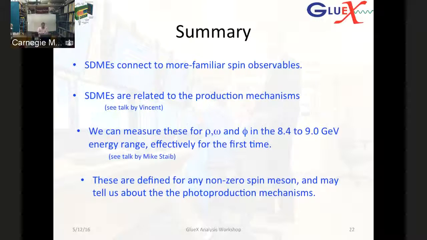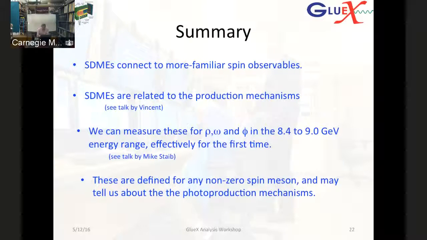Sort of summarizing, these spin density matrix elements are basically spin observables in the experiment that can connect to something we may be more familiar with, but they can also connect with theory on the production mechanisms. And I think Vincent will tell us some more about this later this afternoon. You can measure these for vector mesons, so we have rhos, omegas, and phis.